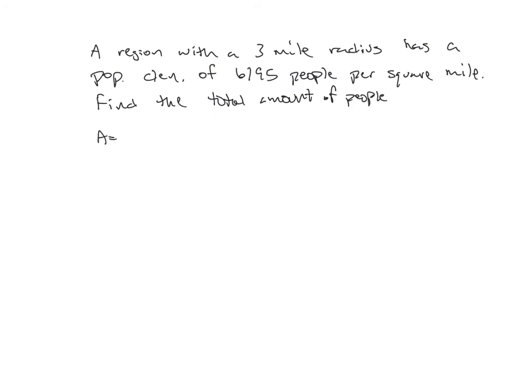So area is 3 squared or 9 pi. If you're essentially doing the problem backwards, when we're finding the total amount of people, multiply, and we get 175,159 people.